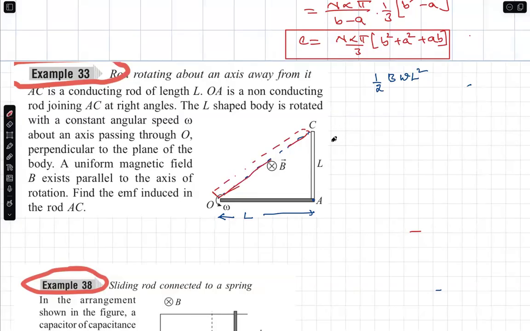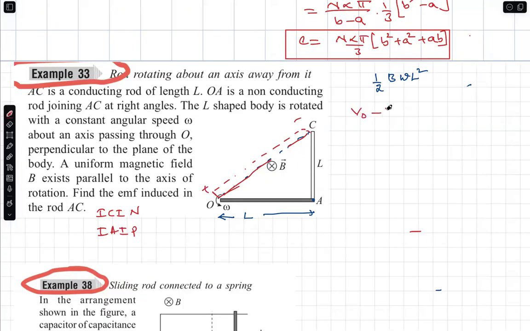Suppose this is the conductor, with the field inward, and it is rotating in an anti-clockwise sense. So in this case, inward, anti-clockwise, the inner end is positive and the outer end is negative.